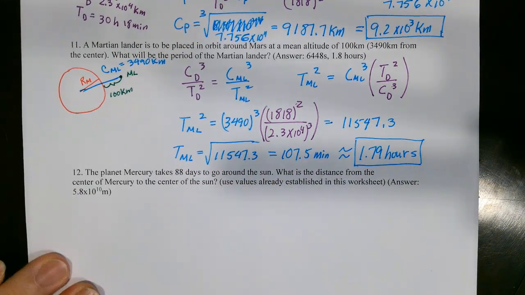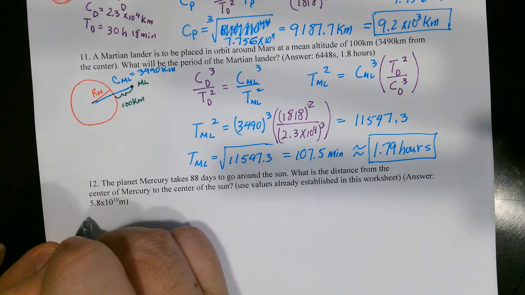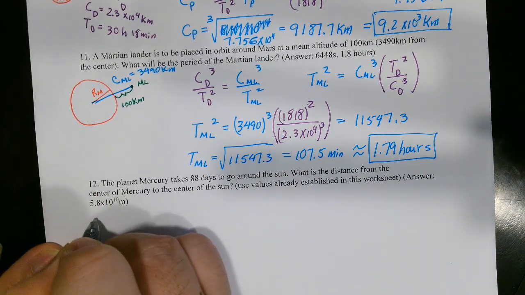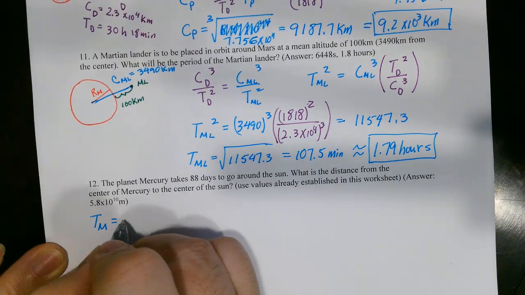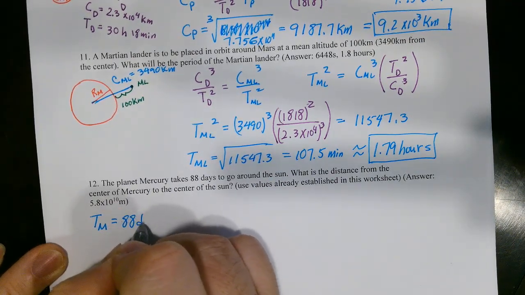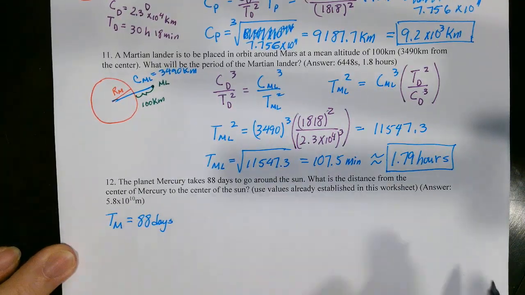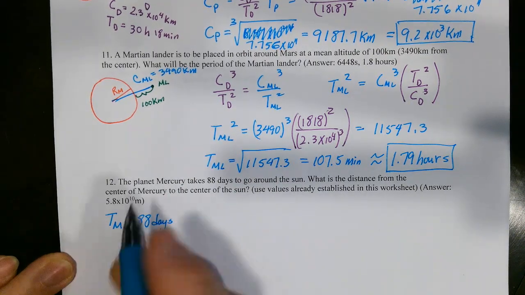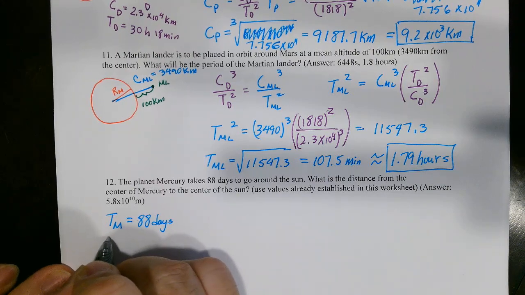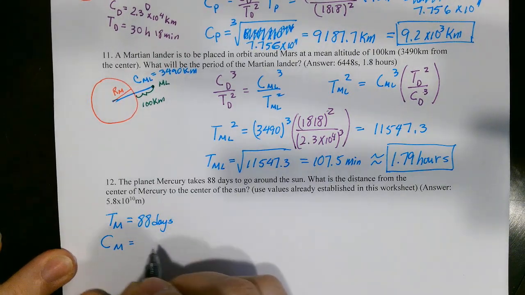So we can say T Mercury is 88 days. Then what is the distance from the center of Mercury to the center of the sun? So they want to find out what the distance C Mercury is, right?